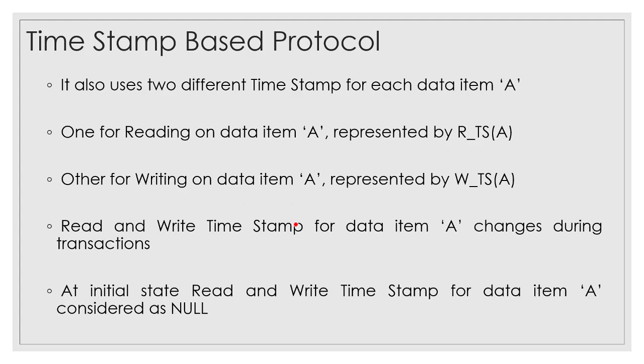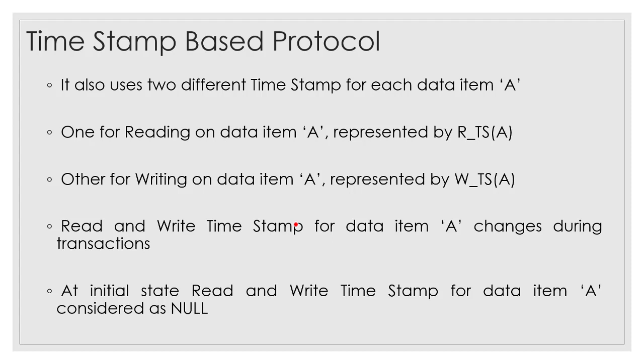The second type of timestamp is used for each and every data item. Each and every data item maintains two timestamps. One is for read and one is for write. So there is a reading timestamp and a writing timestamp.